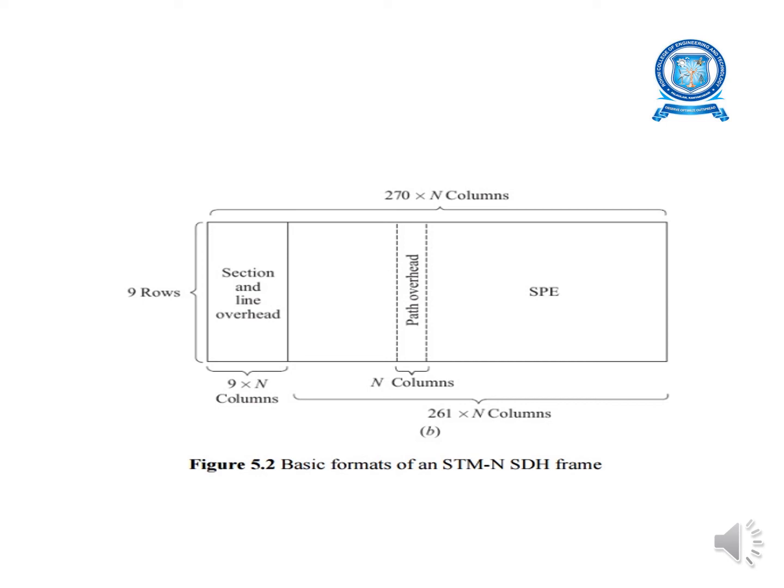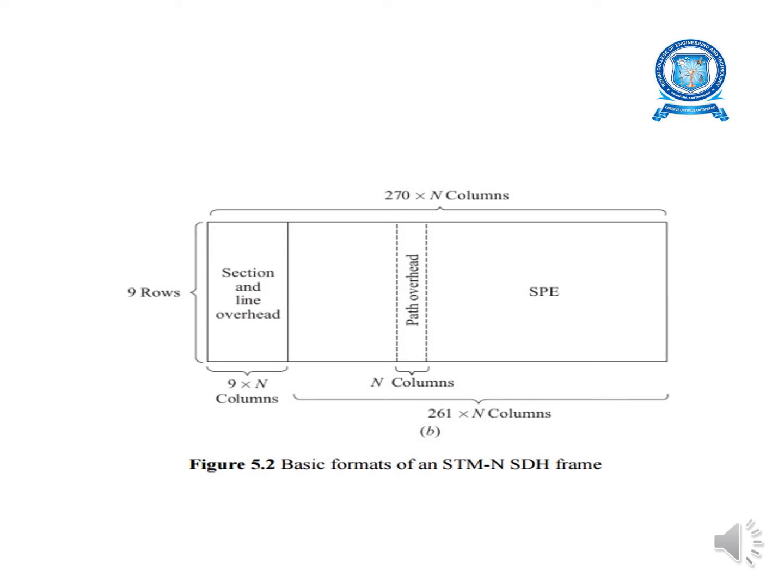One frame contains 810 bytes. Similarly, 810 times 8 bits is equal to 6480 bits. Within 1 second, 8000 frames will be transmitted.